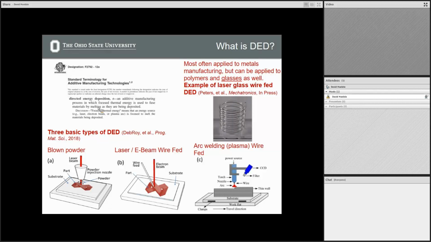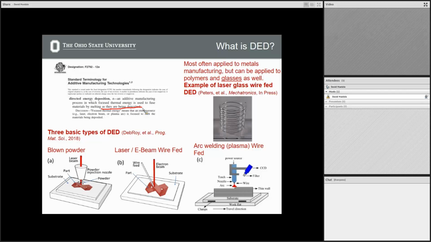DED is an additive manufacturing process in which focused thermal energy is used to fuse materials by melting as they're being deposited. This is what makes it different from powder bed fusion: the material is not in a bed, it's being essentially pushed or shot at the location where it's being melted. This has been primarily used for metals.